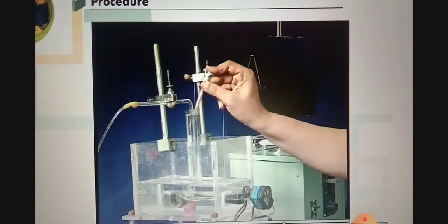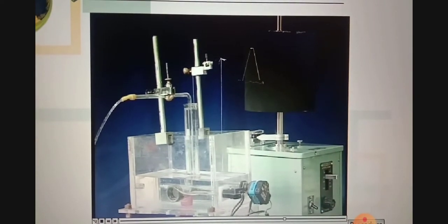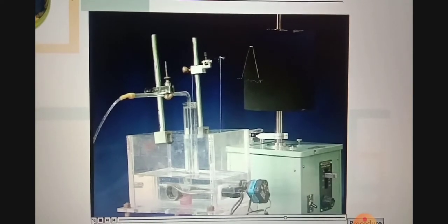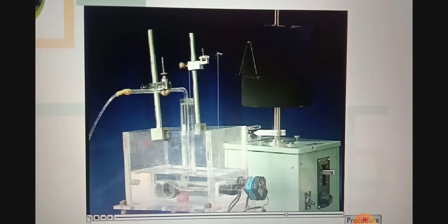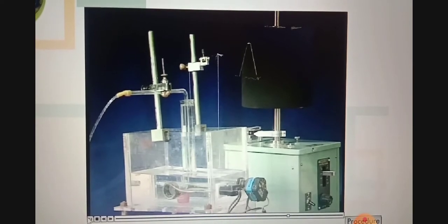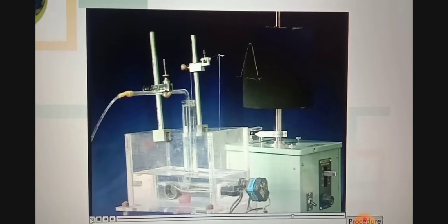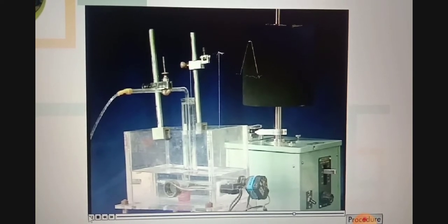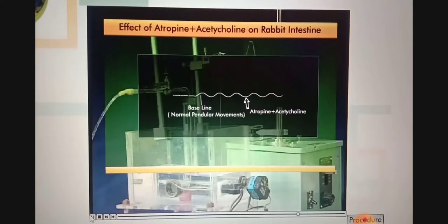Now inject 0.1 ml stock solution of atropine followed by 0.1 ml stock solution of acetylcholine. Record the response for 1 minute. You will see the preparation shows normal pendular movements.